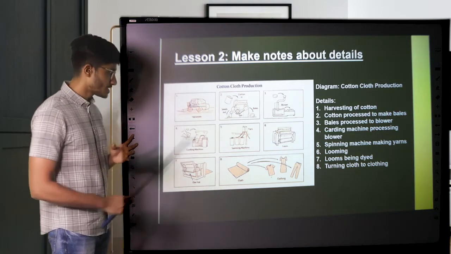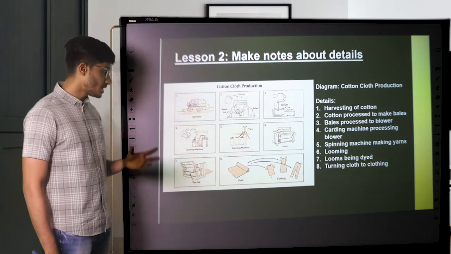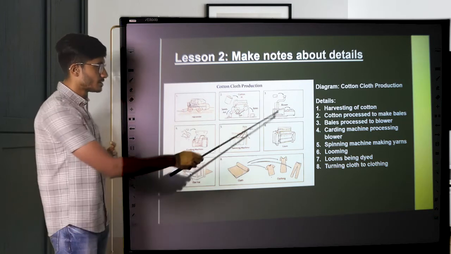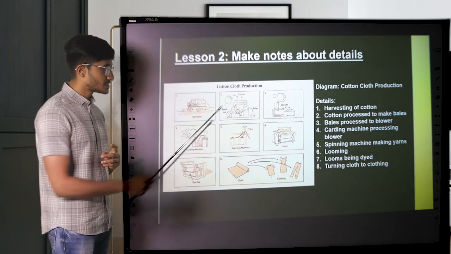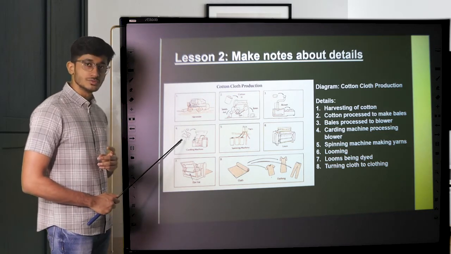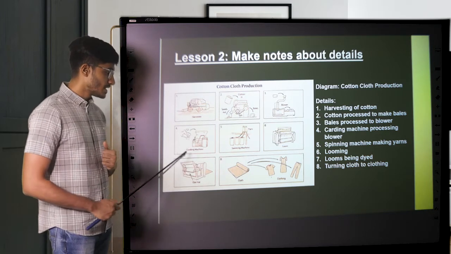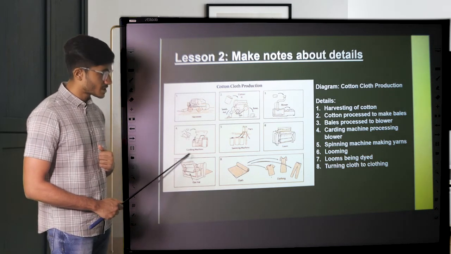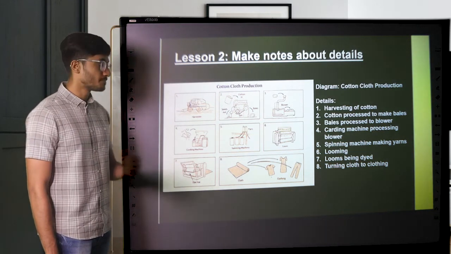After this we have this, and it's also labeled 3, 4, 5, but we can understand without every label. Blowers were labeled before, but here it's not labeled, yet a similar image is used to describe the blower. So the blower is put into a machine, and the machine is named the carding machine, so we can say the carding machine is processing the blower.